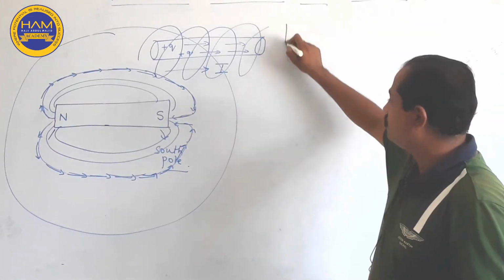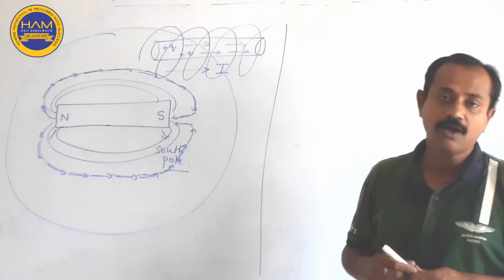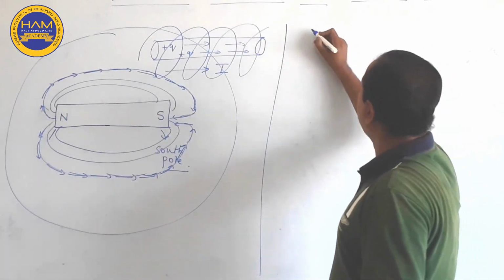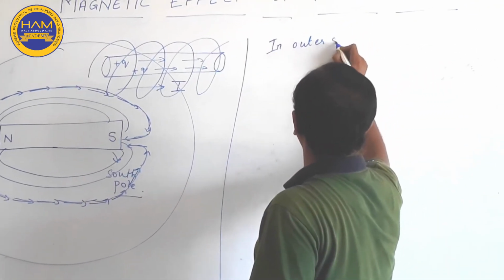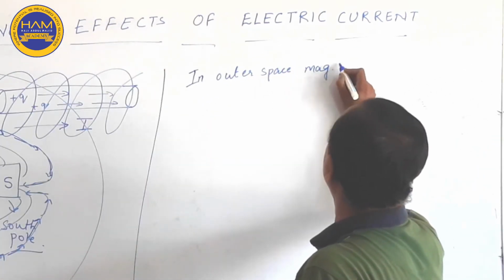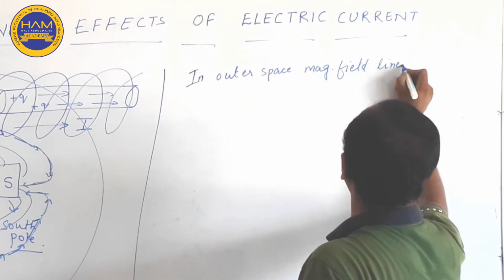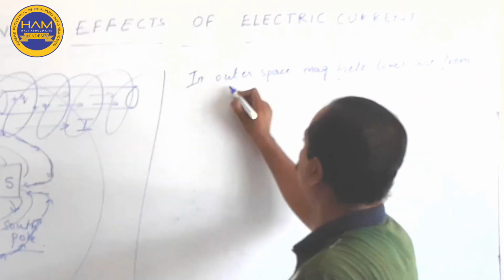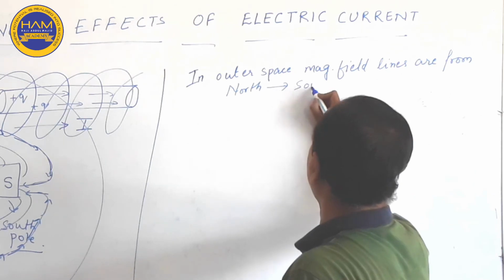Now can we come down to some of the important properties of a magnet. Okay, what is the magnetic thing? In outer space, magnetic field lines are from the north of the magnet to the south of the magnet.